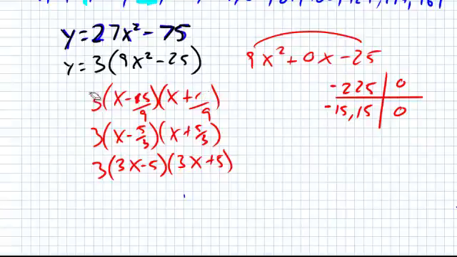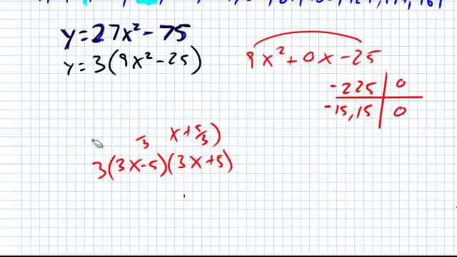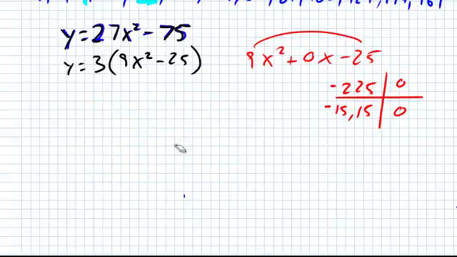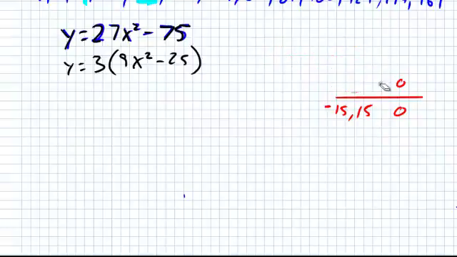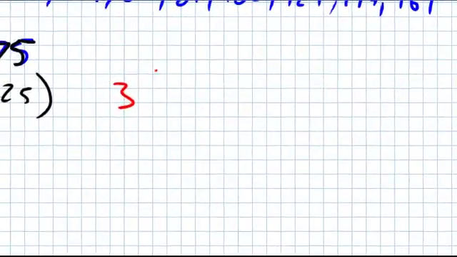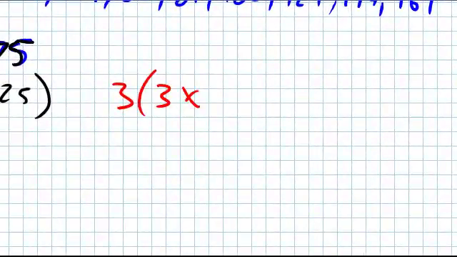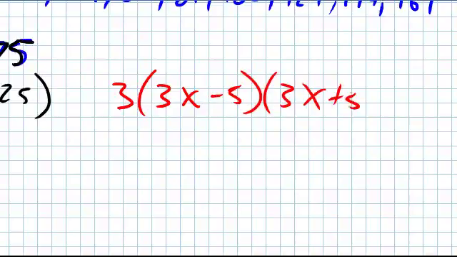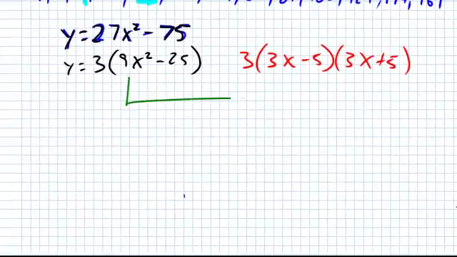So I'm going to erase this. We ended up with 3, 3x minus 5, 3x plus 5. What I want you to notice is that the square root of 9 is 3, the square root of x squared is x, so that's right there.